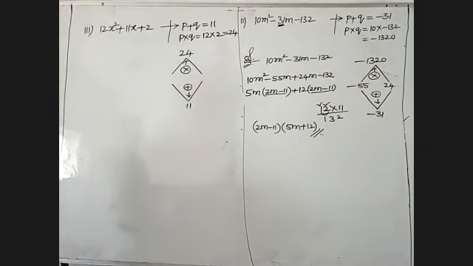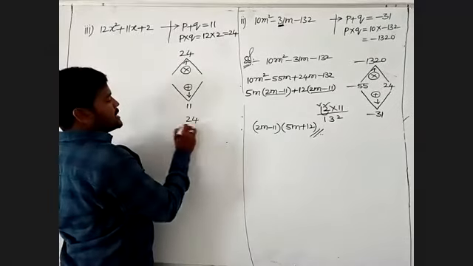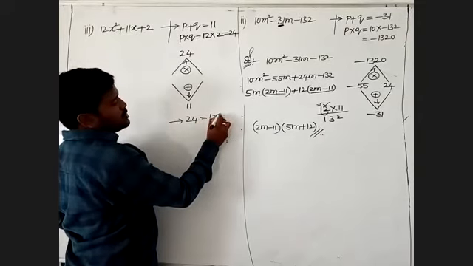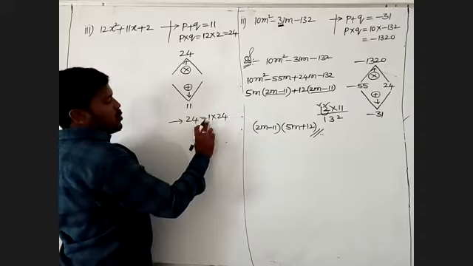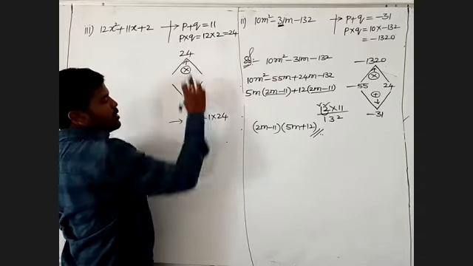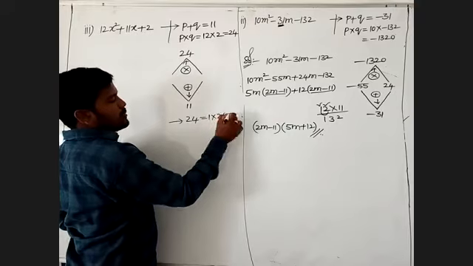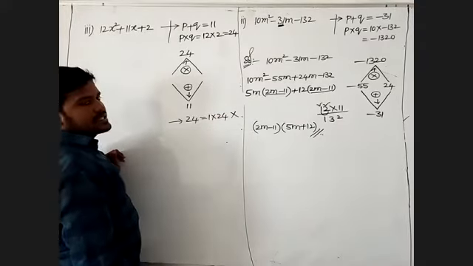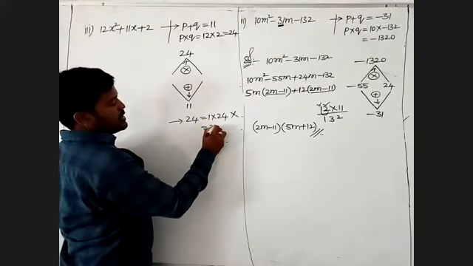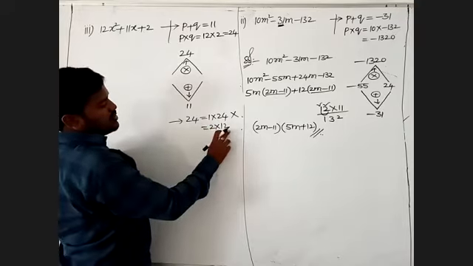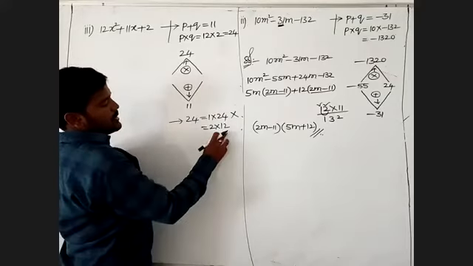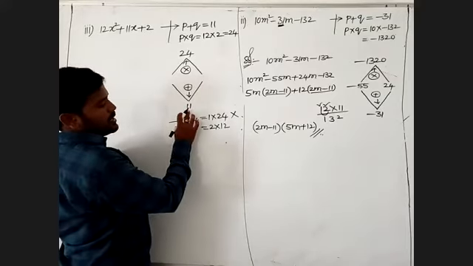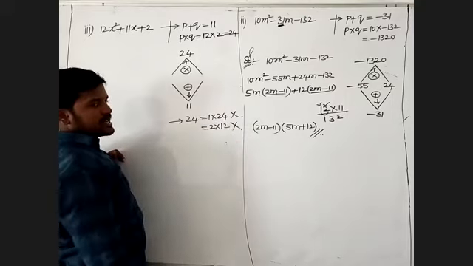What is the number? 24, that must be taken 1 into 24. 1 into 24 is 24. 1 plus 24 is not 11. This is not satisfied. After we take the second one, 2 into 12. 12 into 2 is 24. Their multiplication is satisfied. 12 plus 2 is 14, here it should become 11 only. This is also not satisfied.